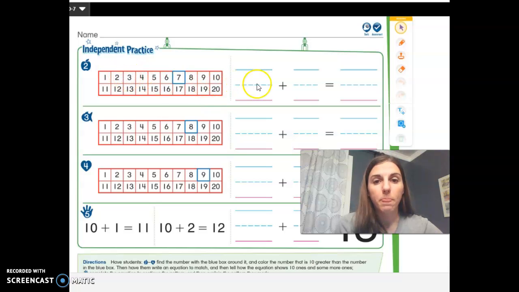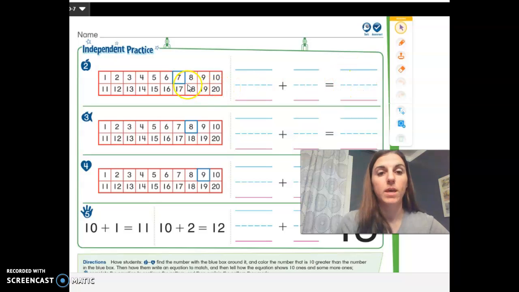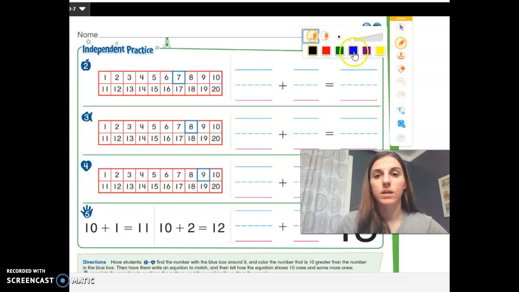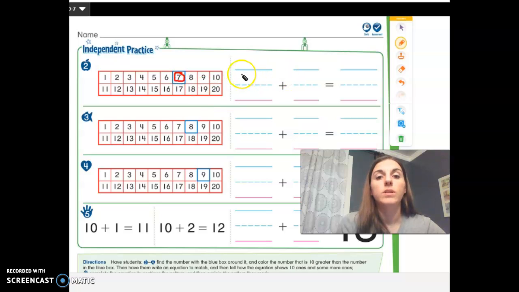So if you look right here, this is your blank equation, you have blank plus blank equals blank, okay? And you're looking at this number right here. I'll use red so we can see it. So this number is our ones, okay? So if we start with 10 plus, what's our ones? 7 more.